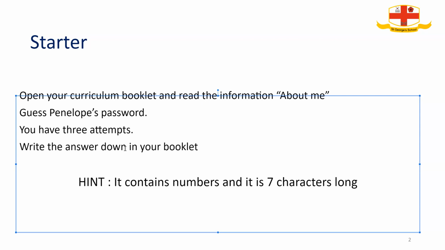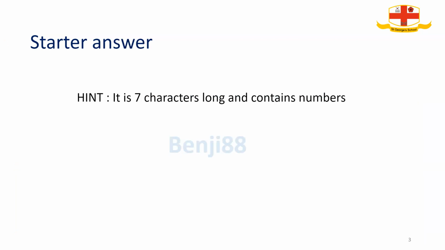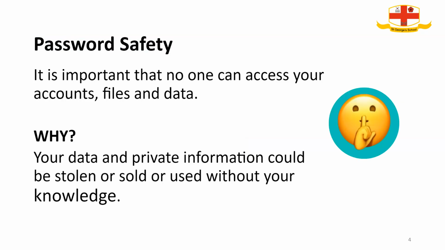She's given out personal information, which, as we've mentioned in class, we don't do online. So in the curriculum booklets, you guessed correctly as well that her password was Benji88, because the hint you were given was it is 7 characters long and contains numbers. So that was the answer.